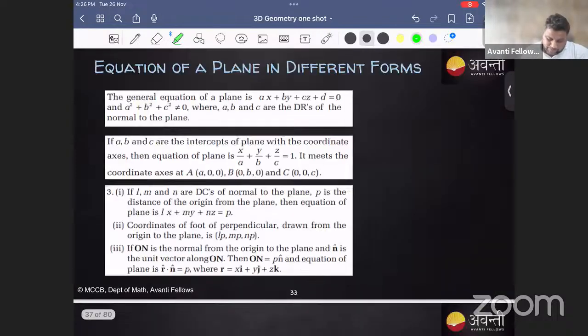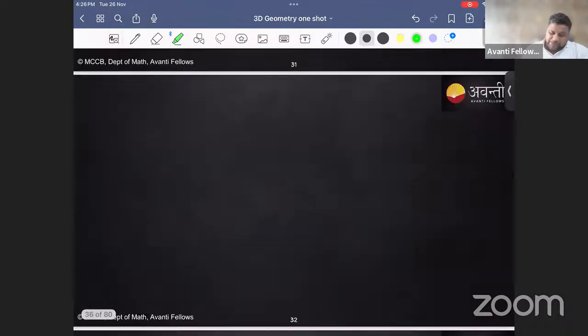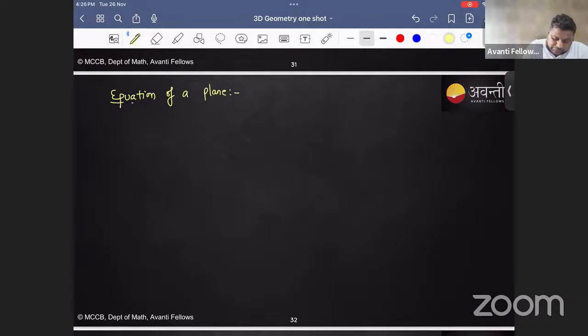Correct? Now, equation of a plane. This is something that you have never studied. Now see, first of all, if we talk in the vector form, say this is a plane.